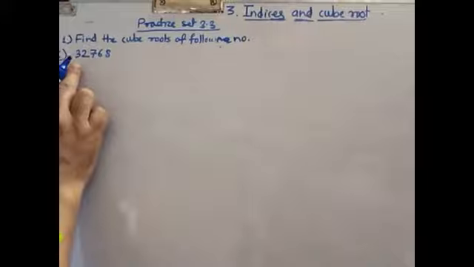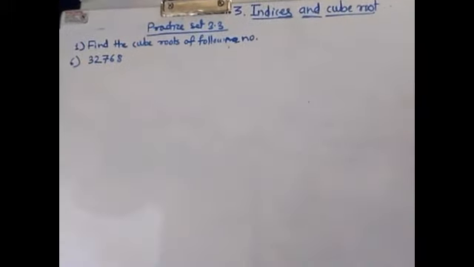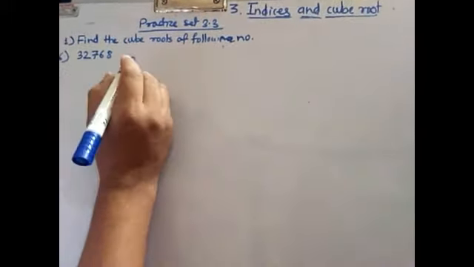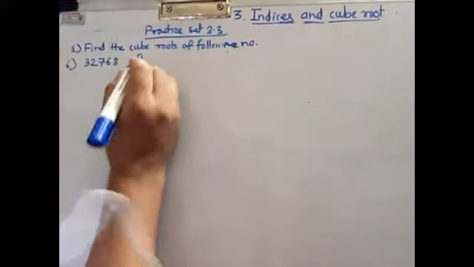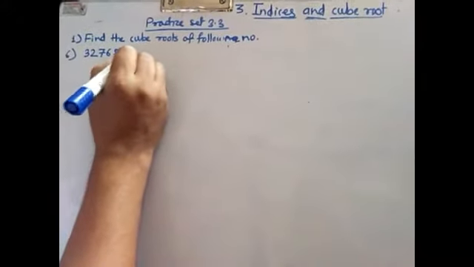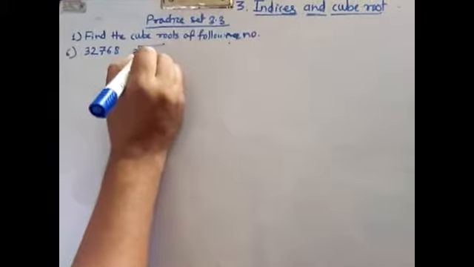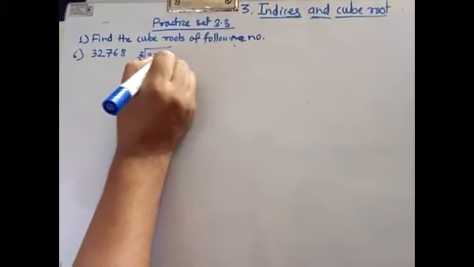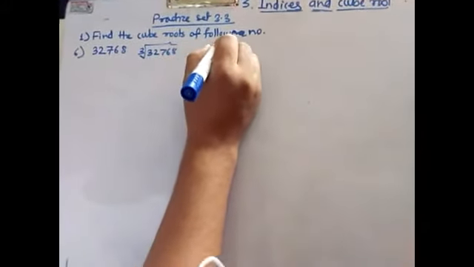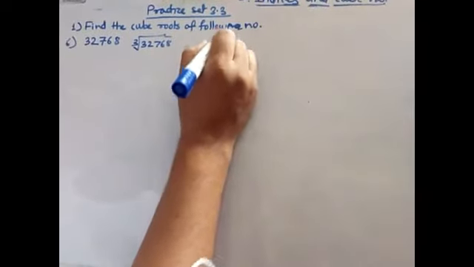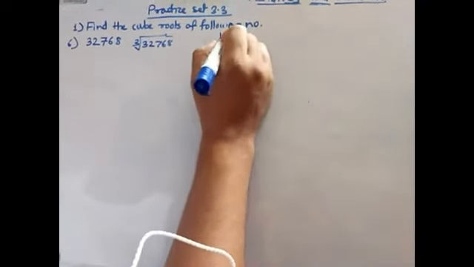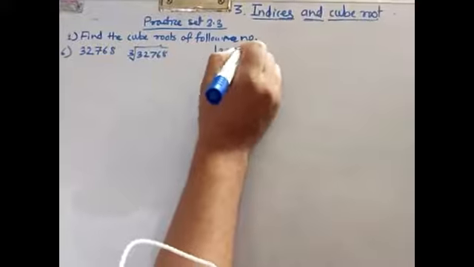Last example is minus 32,768. This is a very big problem. We solve this, we find the cube root of 32,768. So we can divide this number by 2.